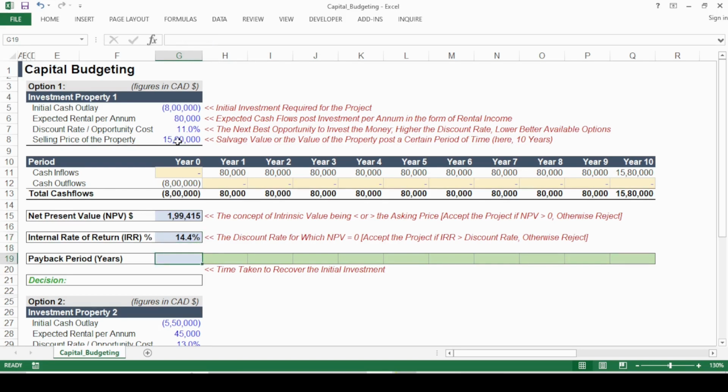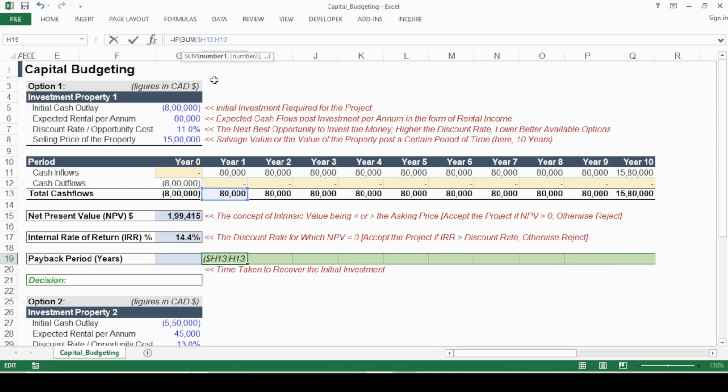Now there is something called the payback period. The payback period is the number of years that it will take to recover the initial investment. So for this, I'm going to type a formula. IF, and I'll also add a SUM formula here. So I'm going to press a colon and anchor the column here.